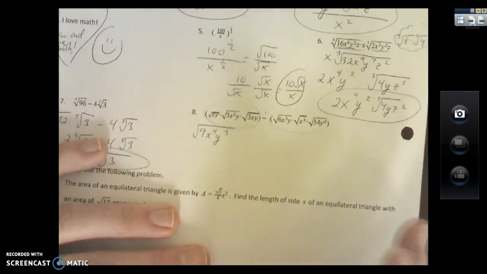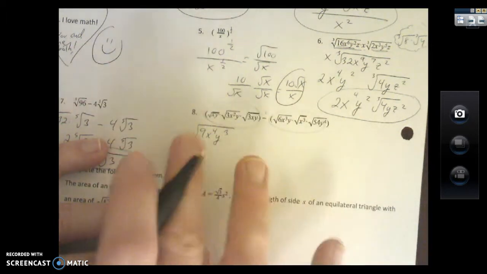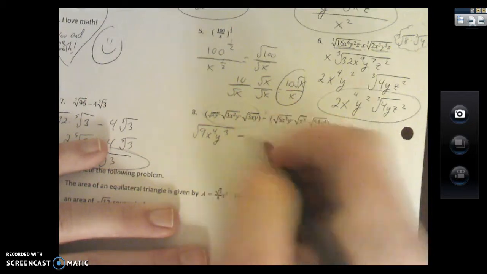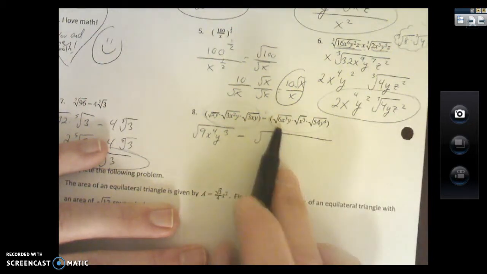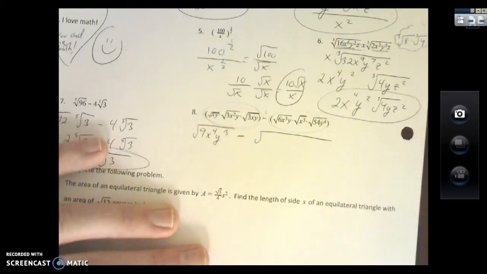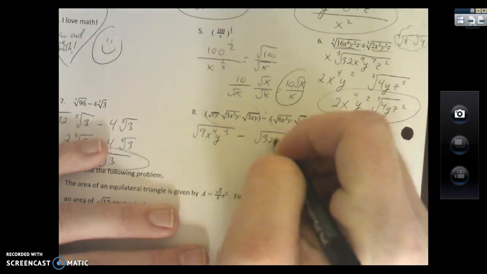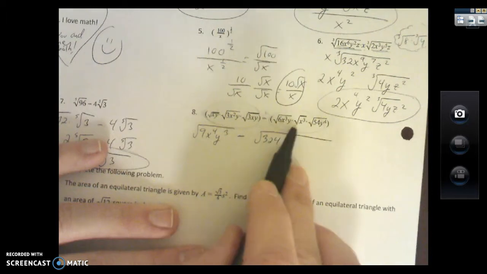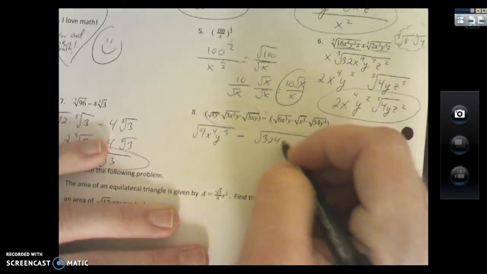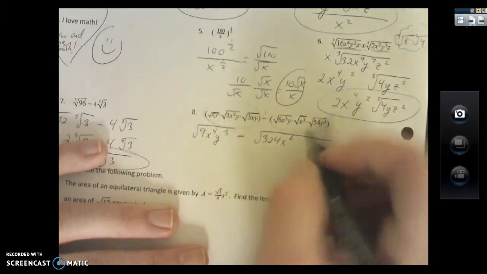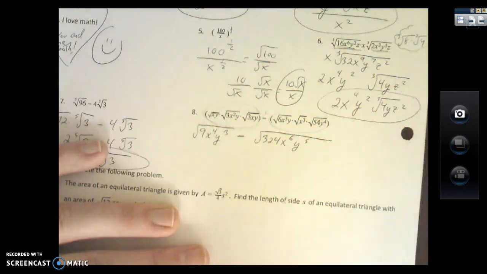That's it. For as ugly and complex as that looks, that's all that turns into. Minus the square root of 6 times 54. Don't laugh, it's early in the morning. 324. x to the third times x to the third is x to the sixth. y times y to the fourth is y to the fifth.